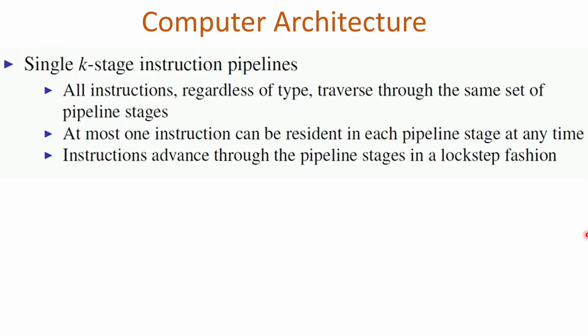So because of some unavoidable circumstances, if one instruction becomes busy with a particular stage for more than one clock cycle, then all the instructions following that instruction stop and cannot go further, and that decreases the efficiency of the pipelining.